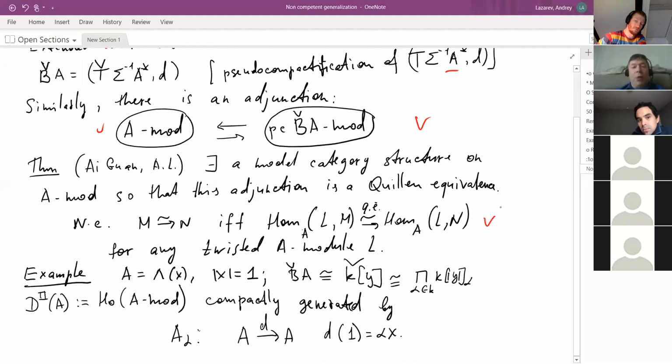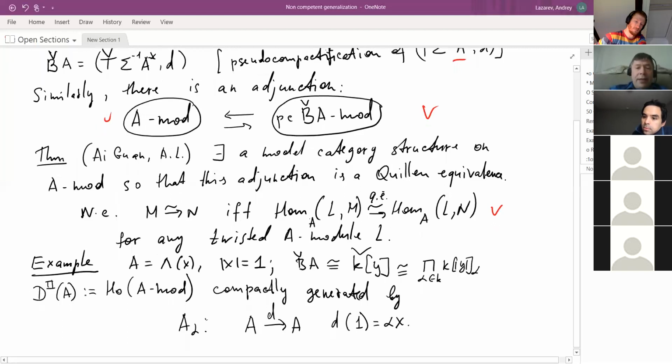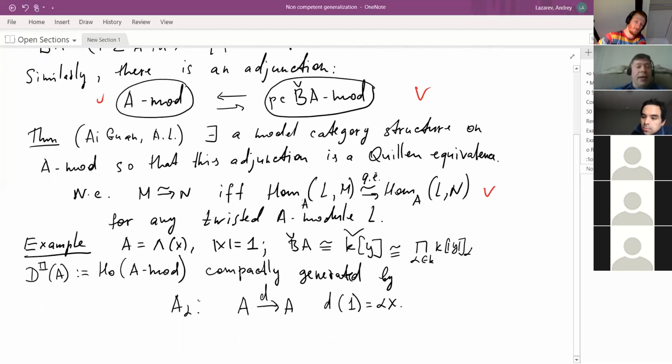So M and N are weakly equivalent if they're quasi-isomorphic as seen from the eyes of any twisted module L. And then fibrations are surjections.